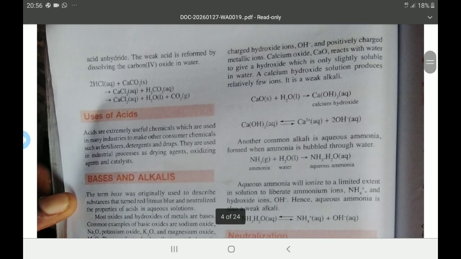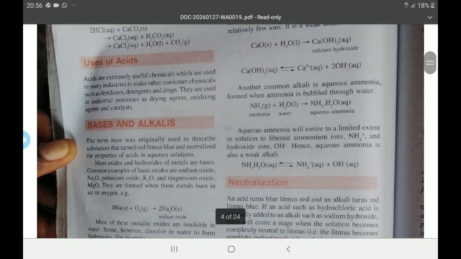Another common alkali is aqueous ammonia, which is formed when ammonia is bubbled through water. When ammonia bubbles through water, it forms aqueous ammonia.